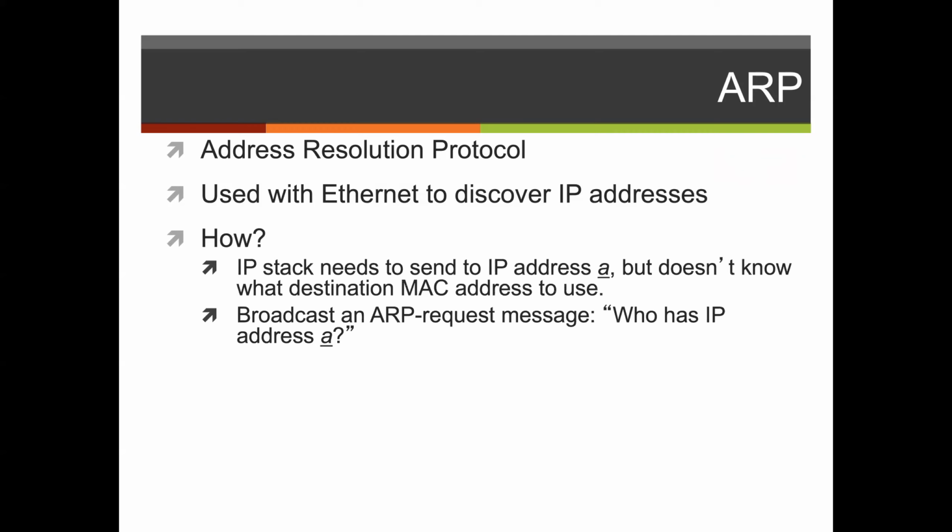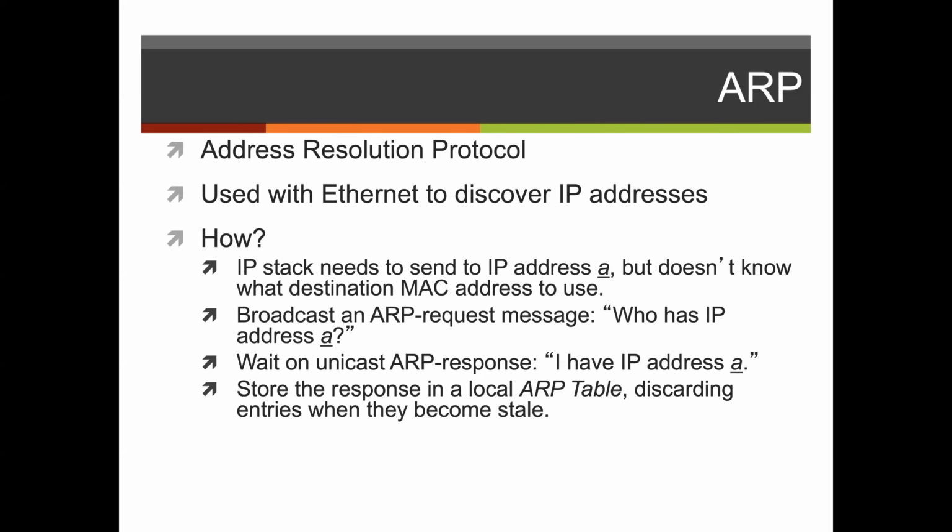We broadcast an ARP request message that says, who has IP address A? We'll then need to wait on a unicast ARP response that says, I have IP address A. We then store the response in a local ARP table and discard entries when they become stale.